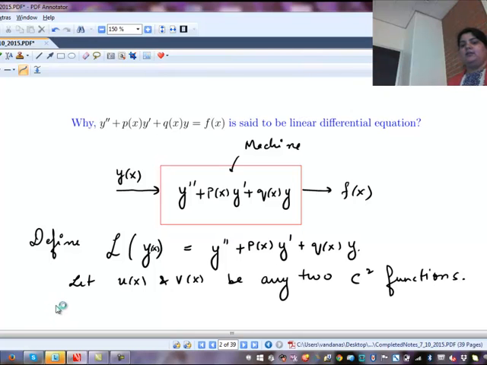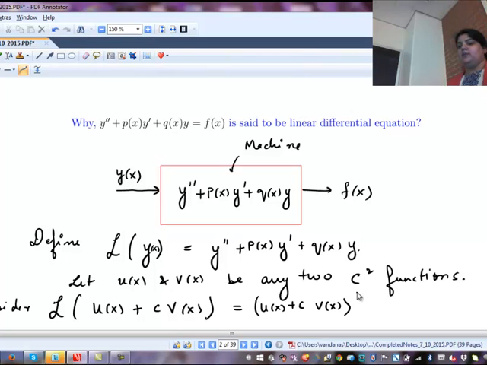So consider the sum u(x) plus c times v(x). By definition, it is nothing but (u plus c v) double derivative plus p(x) times (u plus c v) single derivative plus q(x) times (u plus c v).